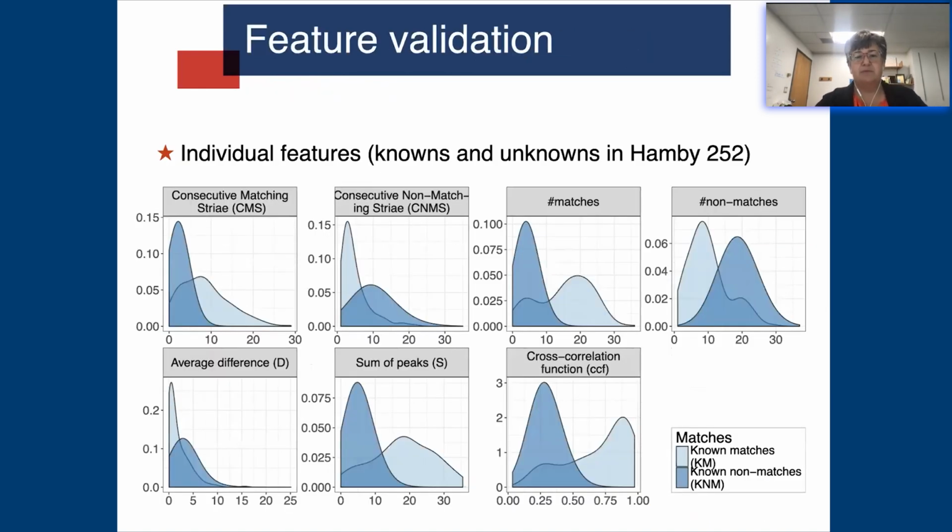So we've got these individual features, and we trained the random forest on scans of the Hamby 252 bullets. For those bullets, we know ground truth, so we know which lands match to which other lands, and we get the random forest model.